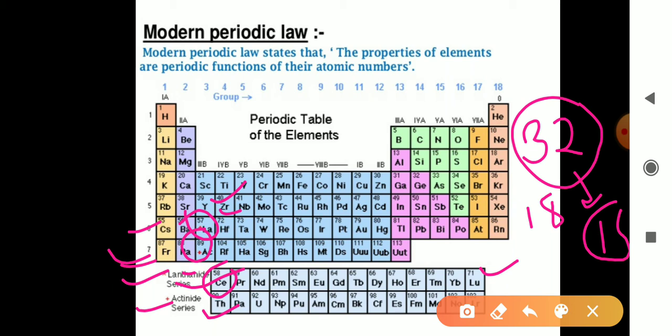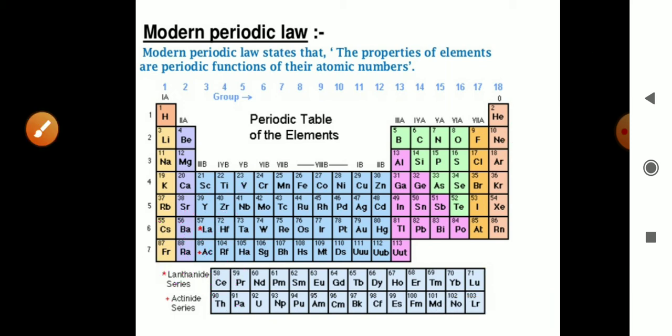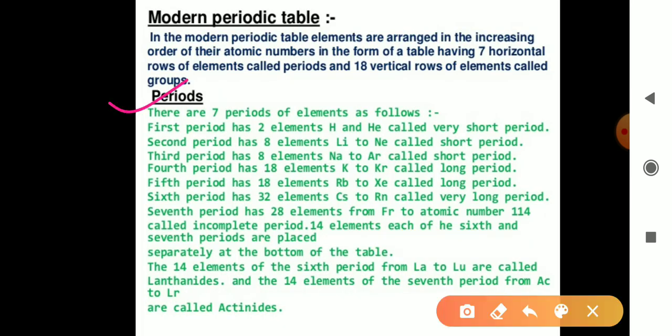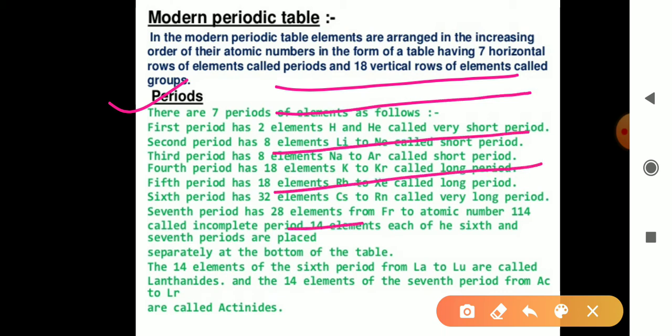So such 14 elements are placed below the periodic table, and therefore total elements in the 6th and 7th become not 18, but 32 elements. Okay, so this is about the periods in the modern periodic table, that is the 7 horizontal rows and their properties.